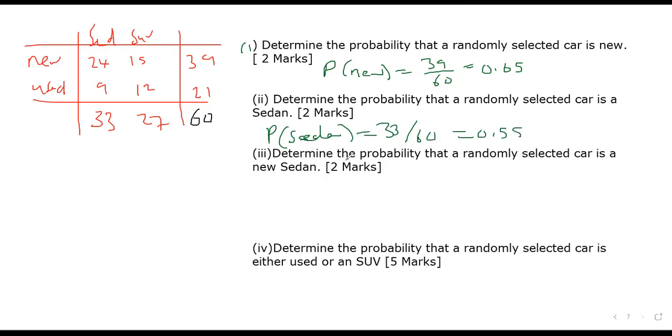Then next, determine the probability that a selected car is a new sedan. There's an invisible "and" there. What are they looking for? New sedan. So "and" becomes what? Intersection, yes. What becomes the answer there?